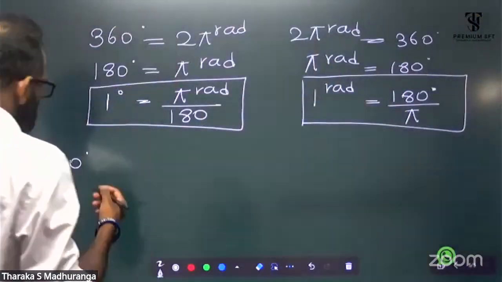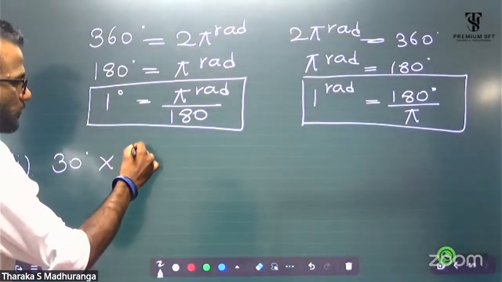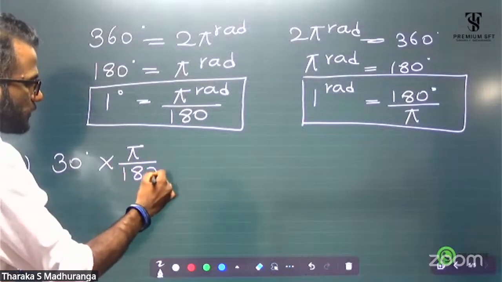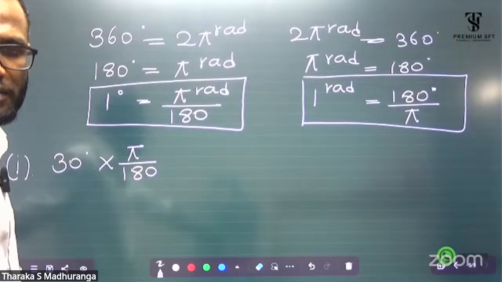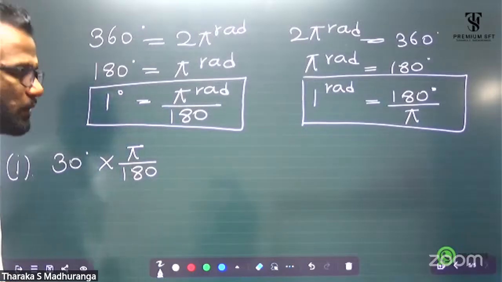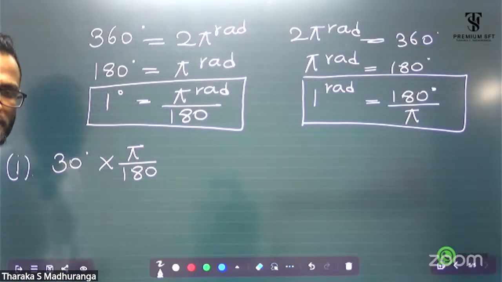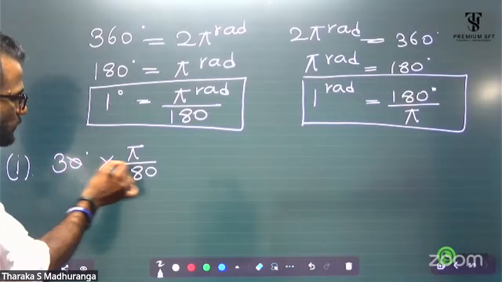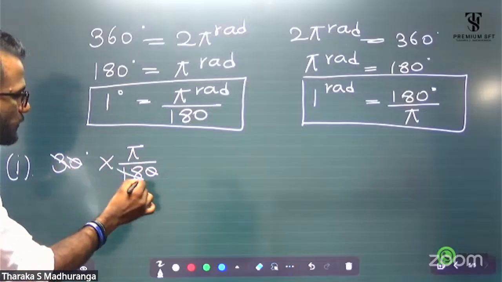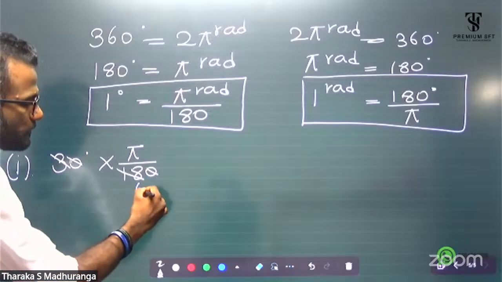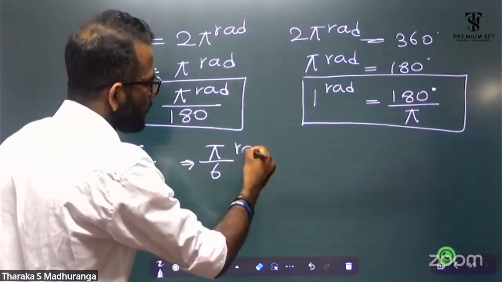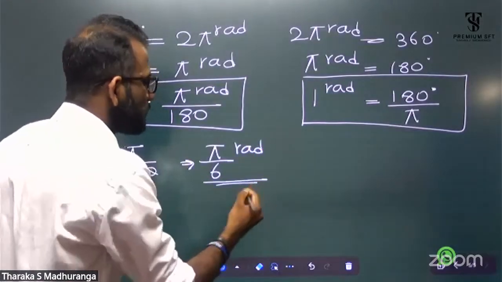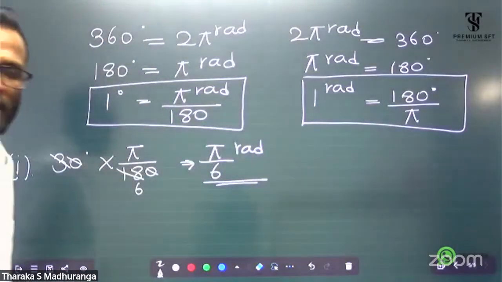Then 30 multiplied by π over 180. Yes, good. Then what's the value? 0 and 0 cancel out, 3 and 18 cancel, it is 6. π over 6 radian.